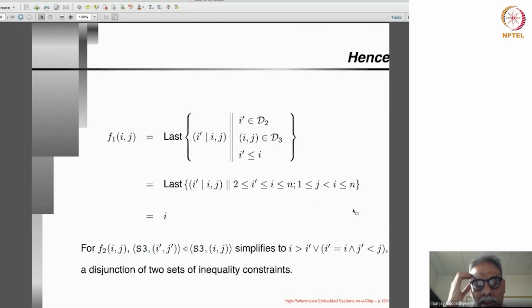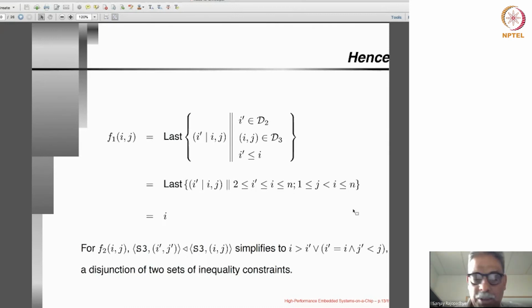Now, if you look at this function F2, where we are looking at the execution order of I prime J prime compared to Ij, I prime J prime is executed before iteration Ij if either I is strictly greater than I prime, or I prime equals I and J prime is strictly less than J. It is the disjunction of two sets of inequalities, and if you think a little bit about it, that leads to the union of two polyhedra.